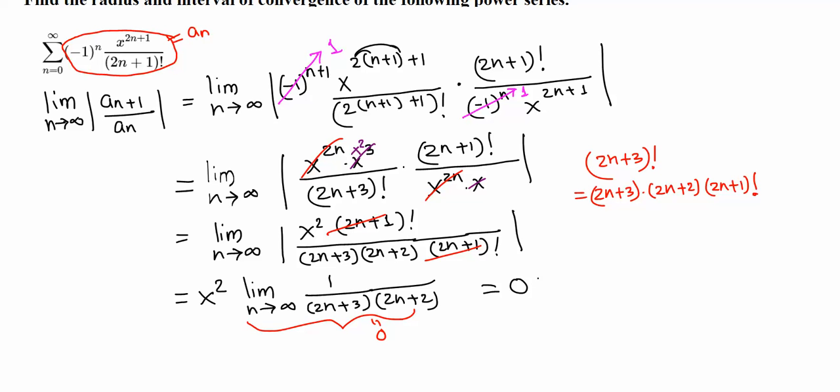We know 0 is always less than 1 for any x value, so regardless of the value of x, this limit is always less than 1.